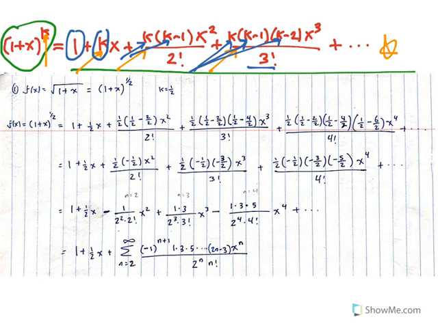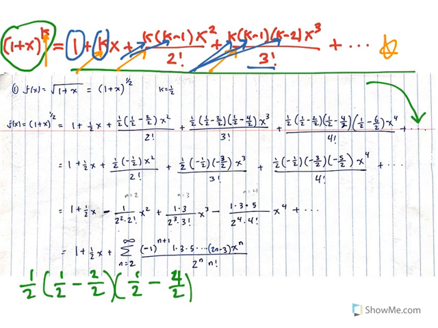So to write out an extra term, I can go to my very first line here, and just using the definition, just using the binomial series, to write the coefficient of the fifth degree term, I'll have k times k minus 1 times k minus 2 times k minus 3 times k minus 4.